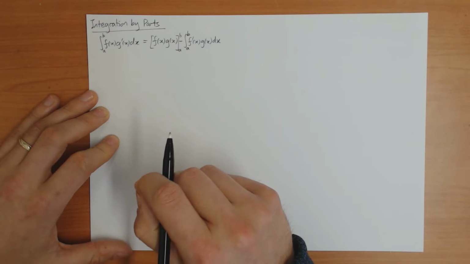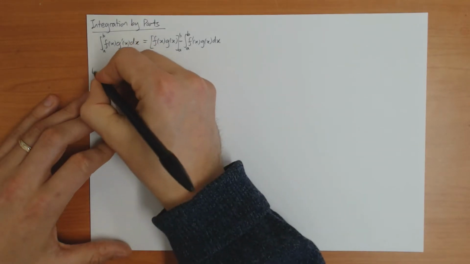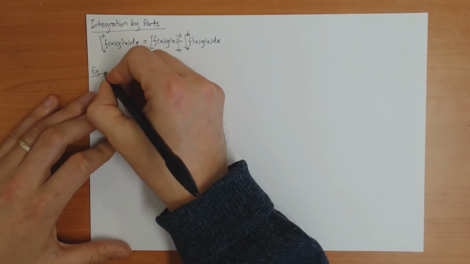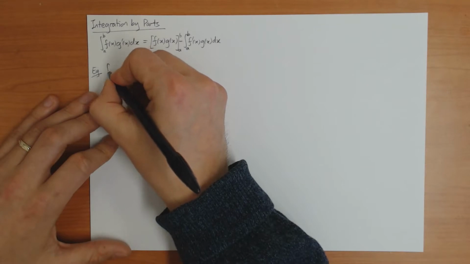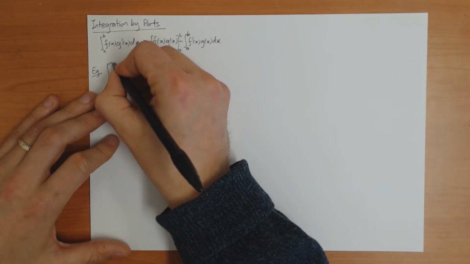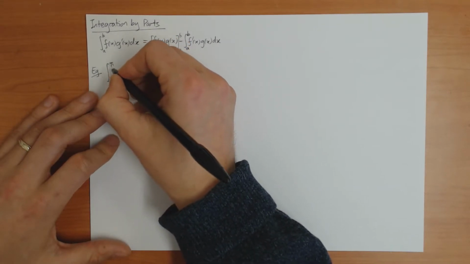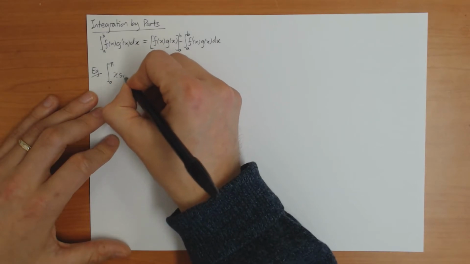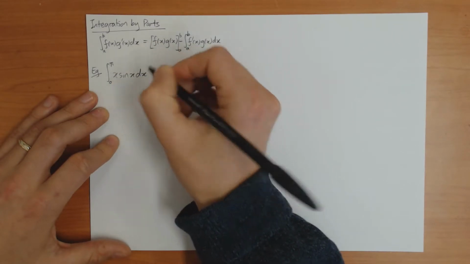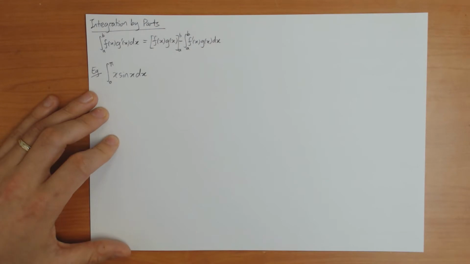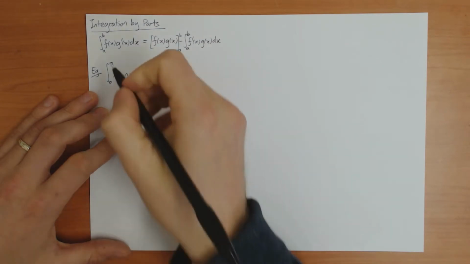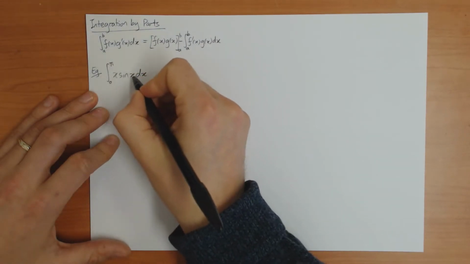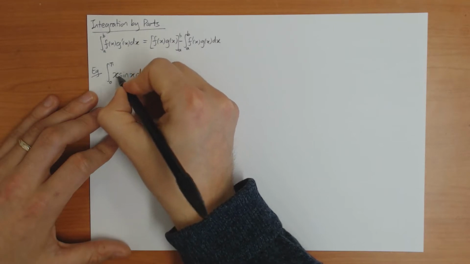Now again, I'm going to do a couple of examples. Okay, so here's the first one. This is going to be a definite integral from 0 to pi of x sine x dx. Integration by parts works generally if you've got something you know how to integrate times x to the power n.